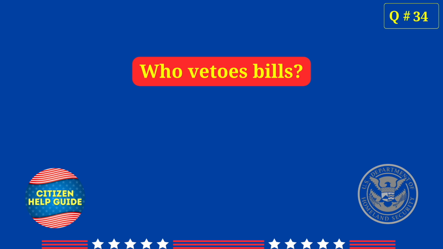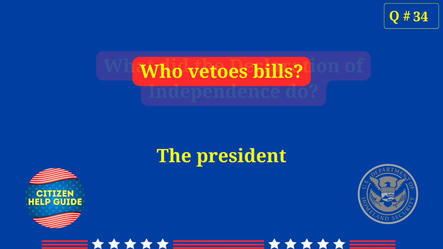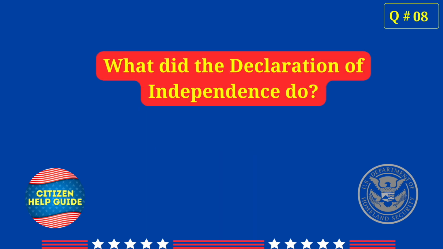Who vetoes bills? The President. What did the Declaration of Independence do?